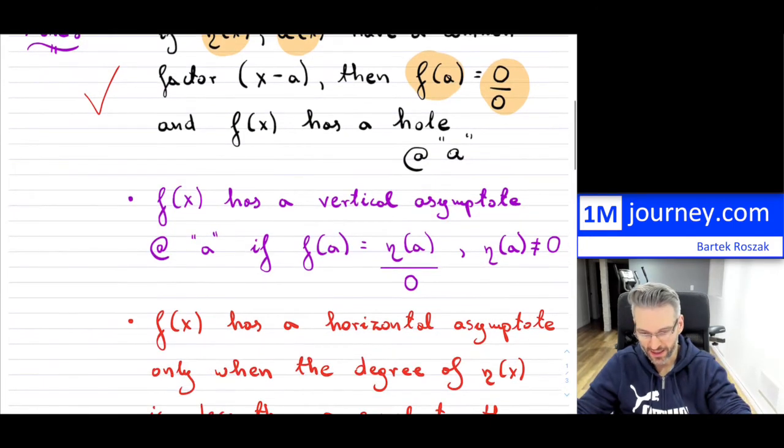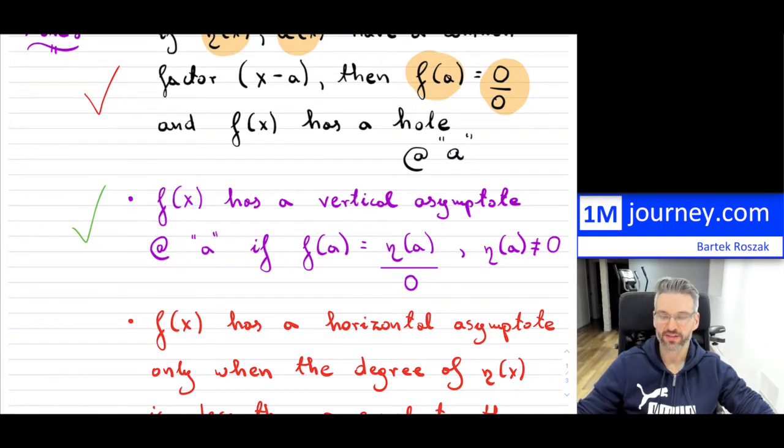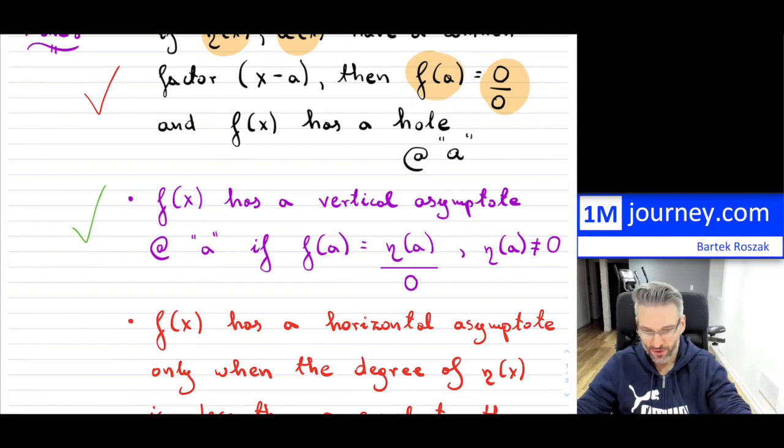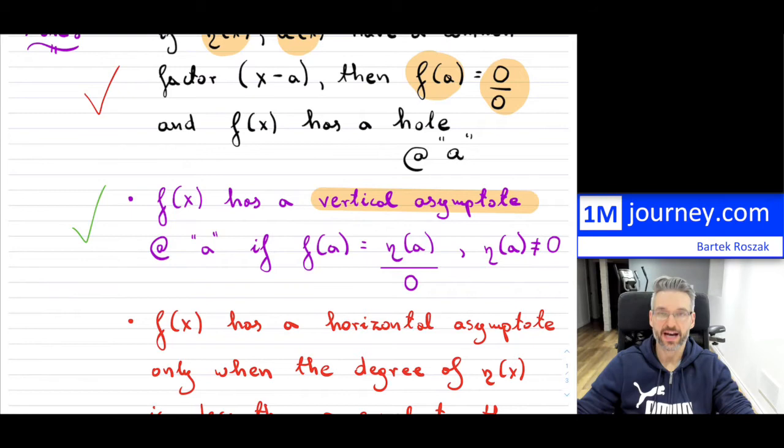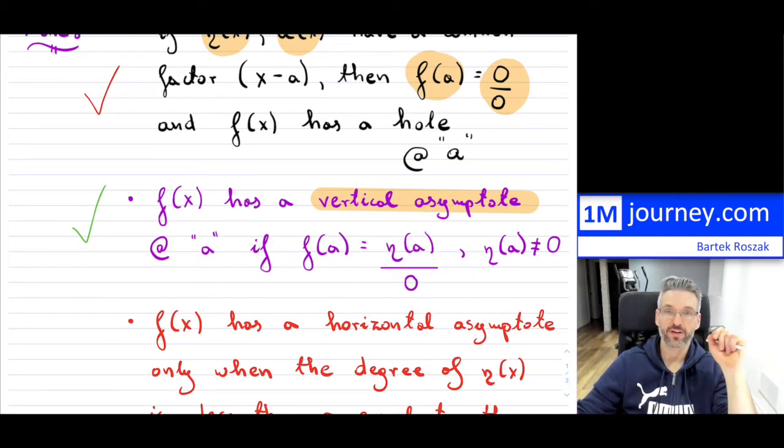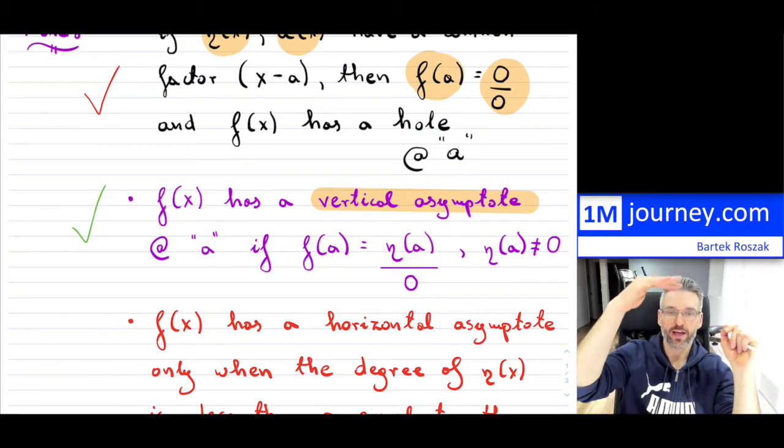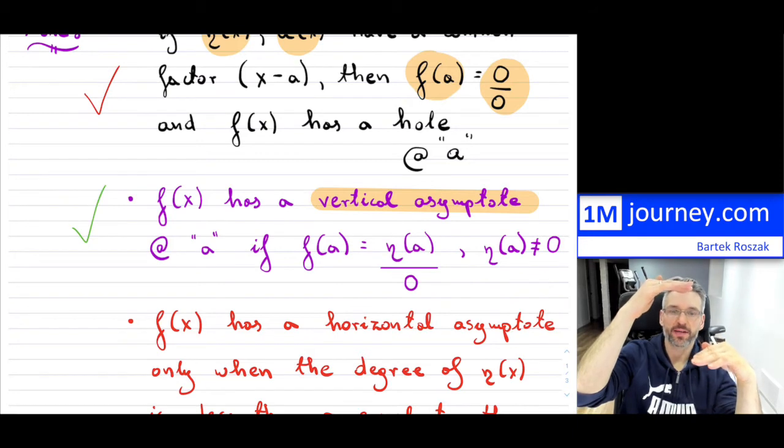Let's take a look at the second item. If your function f of x will have a vertical asymptote, that means you're going to have a nice asymptote, which is vertical, and it's going to happen at some a if, when you substitute a into your function, your numerator is non-zero, divided by your denominator, which will be 0.